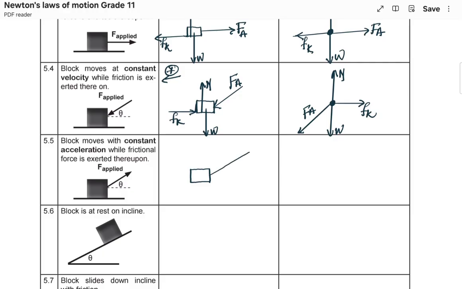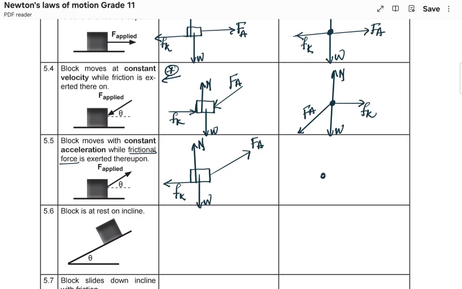So this one, it must be the force applied. Frictional force is exerted. So the friction is exerted. Then there is a normal, and there is also the weight.